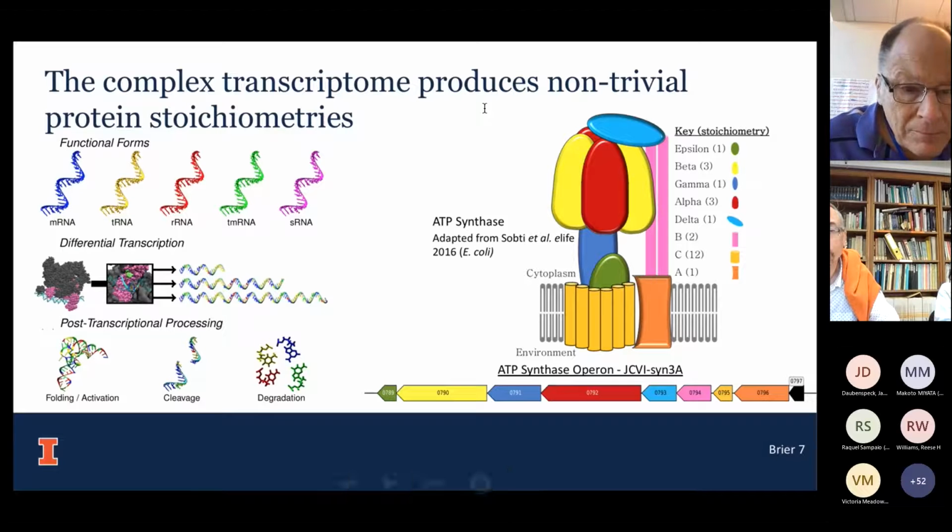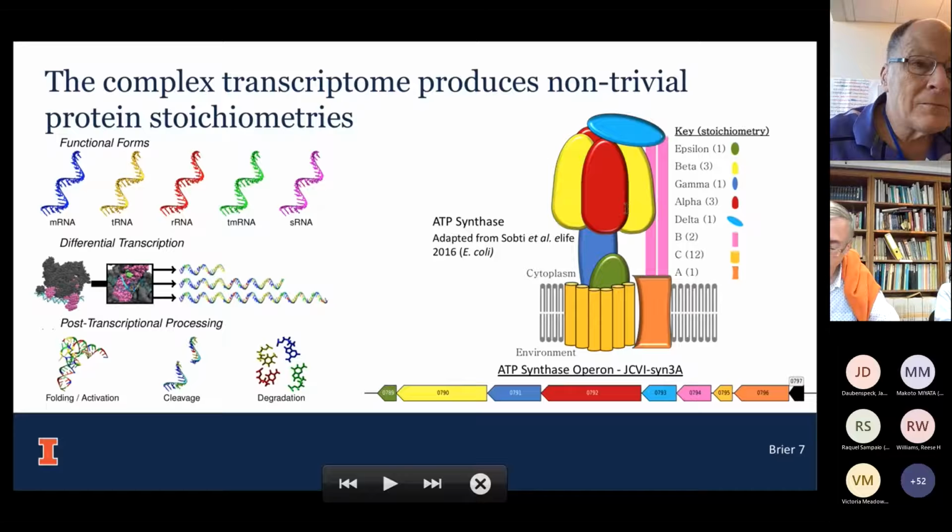What I have here to the right is ATP synthase, a very commonly found transporter within cells. It's also within the minimal cell. What's interesting is that in the minimal cell and in other organisms, all of these genes are located in an operon.